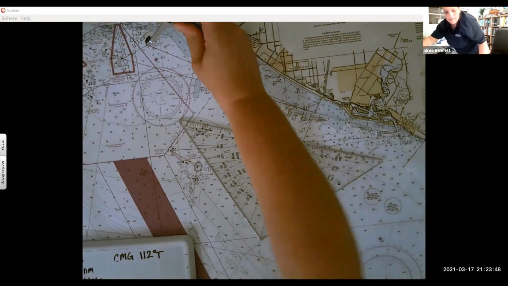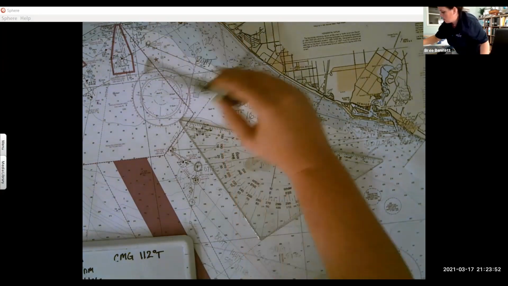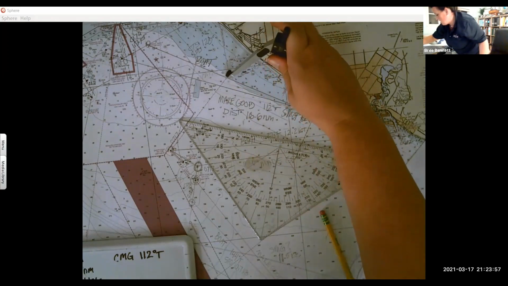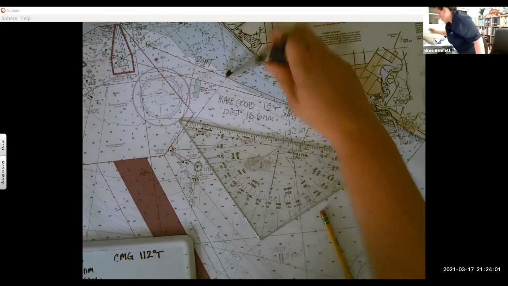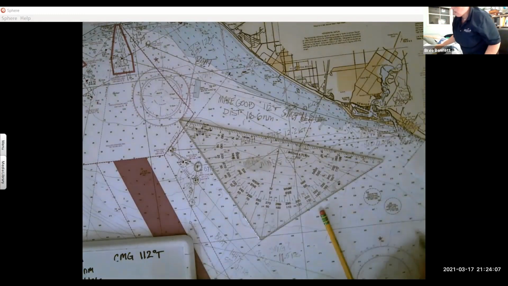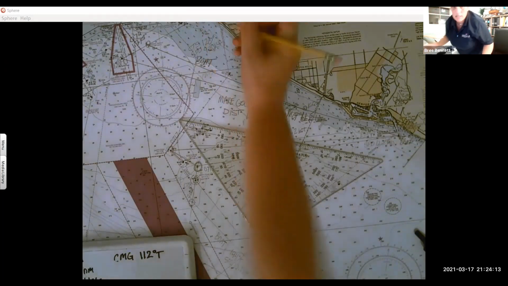It was a current of 070 at 1.5. So I got a speed of 9.8 knots.